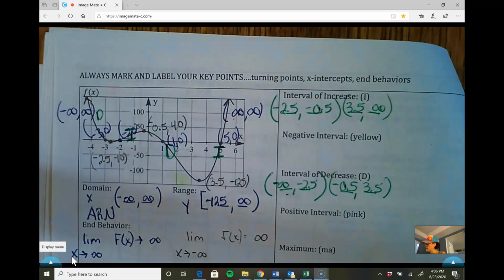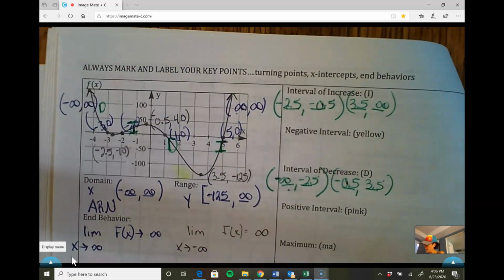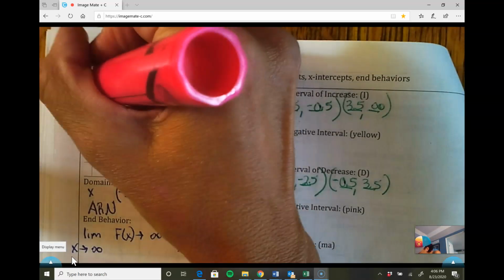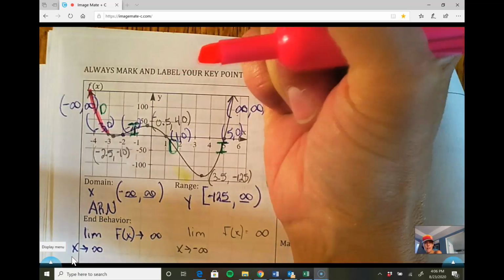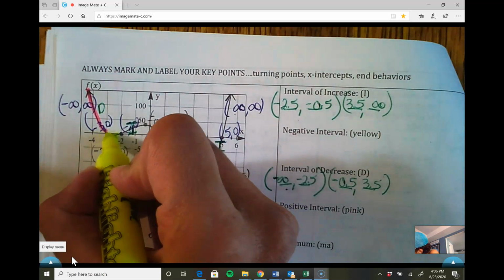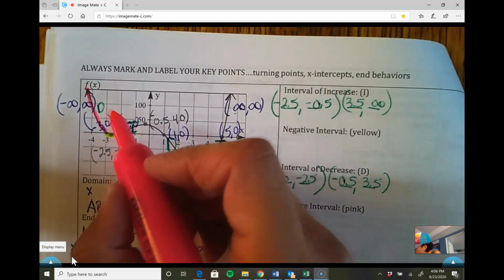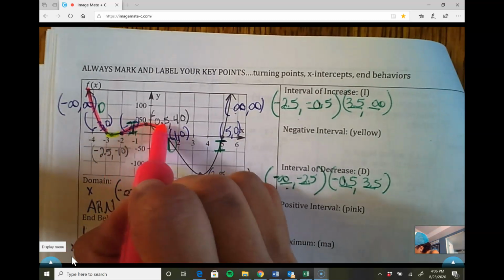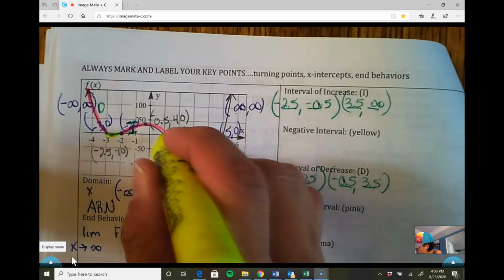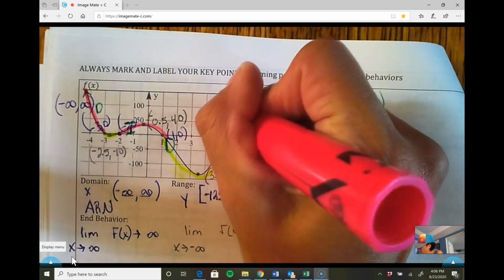Now let's do the positive and the negative. So starting left to right, get my markers. I want positive in pink. So it's positive until it gets right there at that x-intercept. Then we got a little negative stretch, and then I got another positive stretch, and another negative stretch, and another positive stretch.